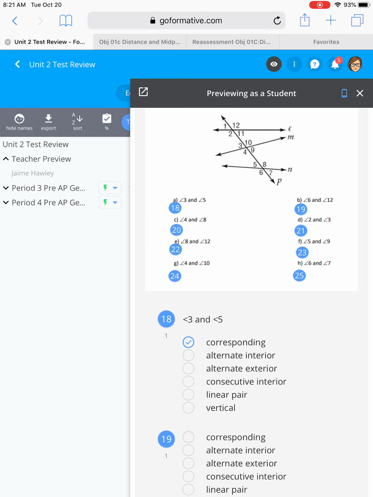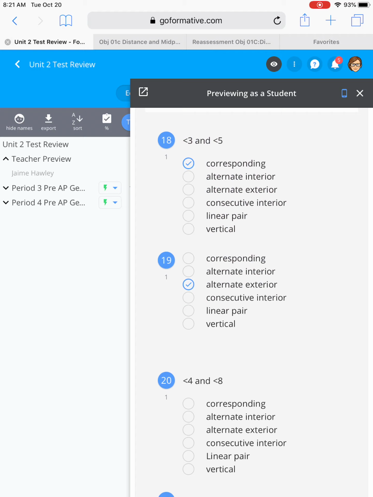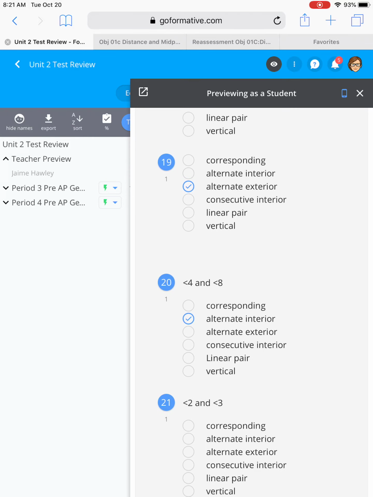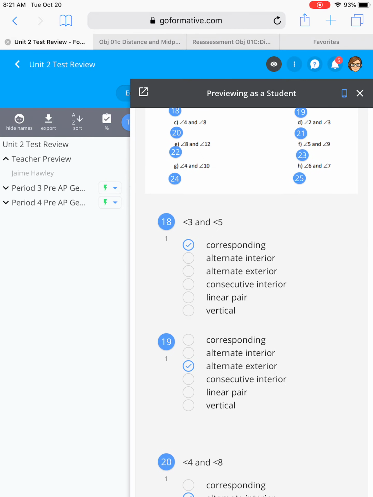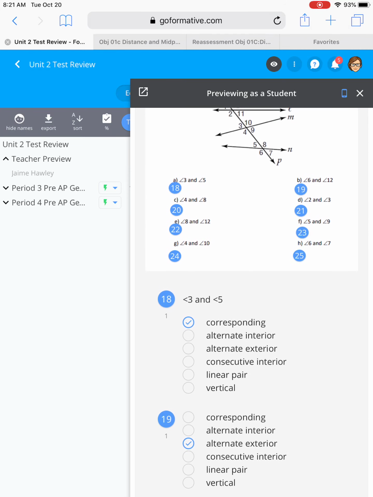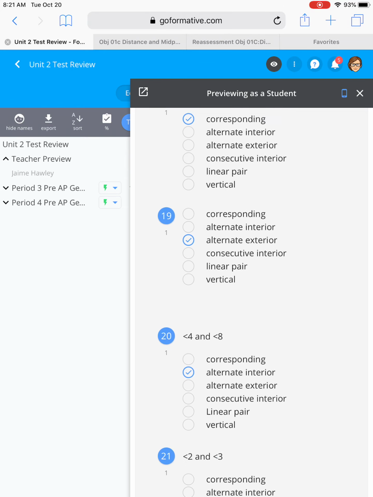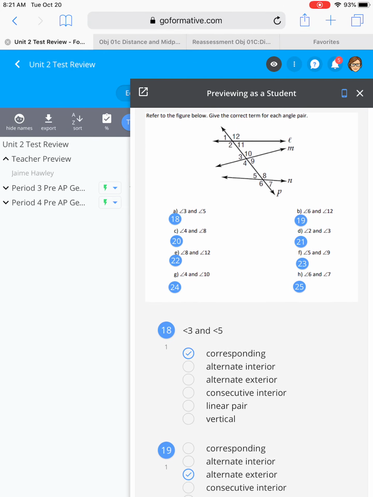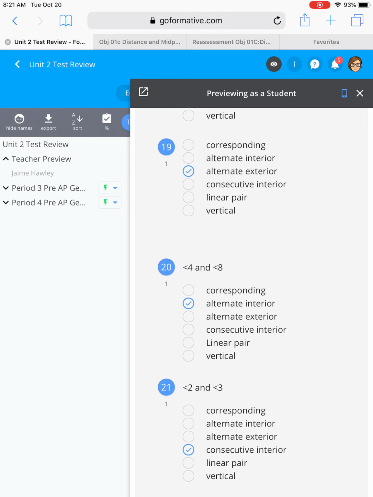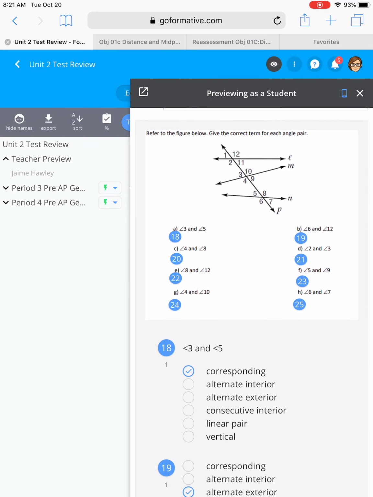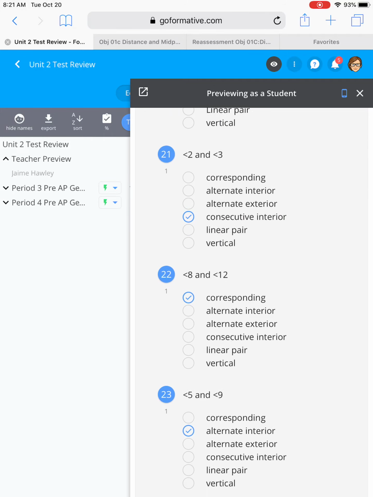Number 19, 6 and 12 are alternate exterior. 4 and 8 are alternate interior. 2 and 3 are consecutive interior. 8 and 12 are corresponding. 5 and 9 are alternate interior. 4 and 10 are vertical.